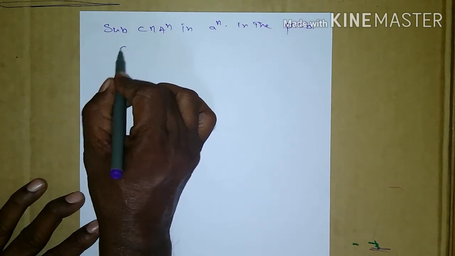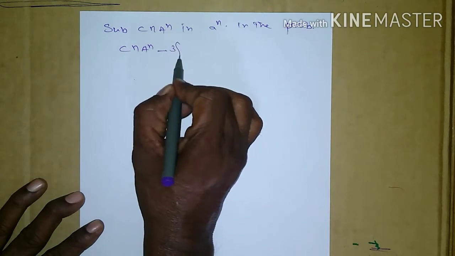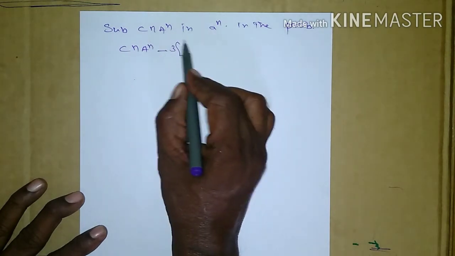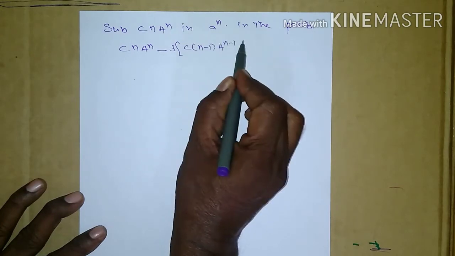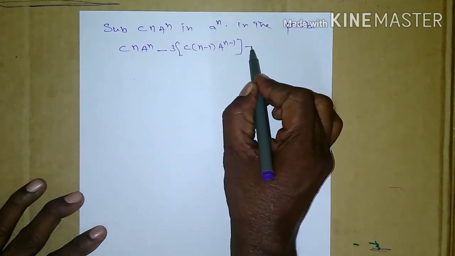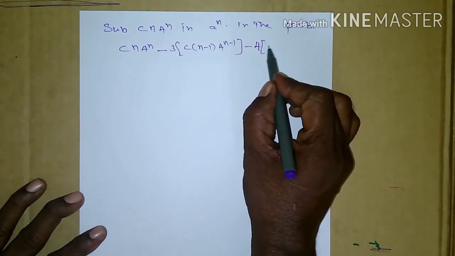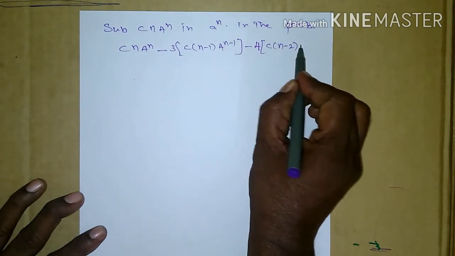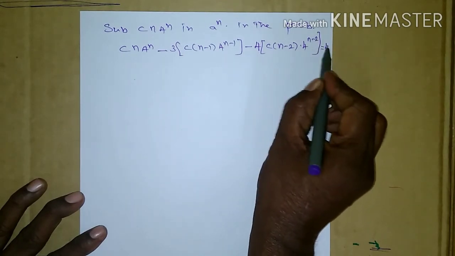In the place of an we have Cn 4 power n minus 3 into, in the place of an minus 1, C into n minus 1 4 power n minus 1, minus 4 into, in the place of an minus 2, C of n minus 2 4 power n minus 2. Right hand side is 4 power n.